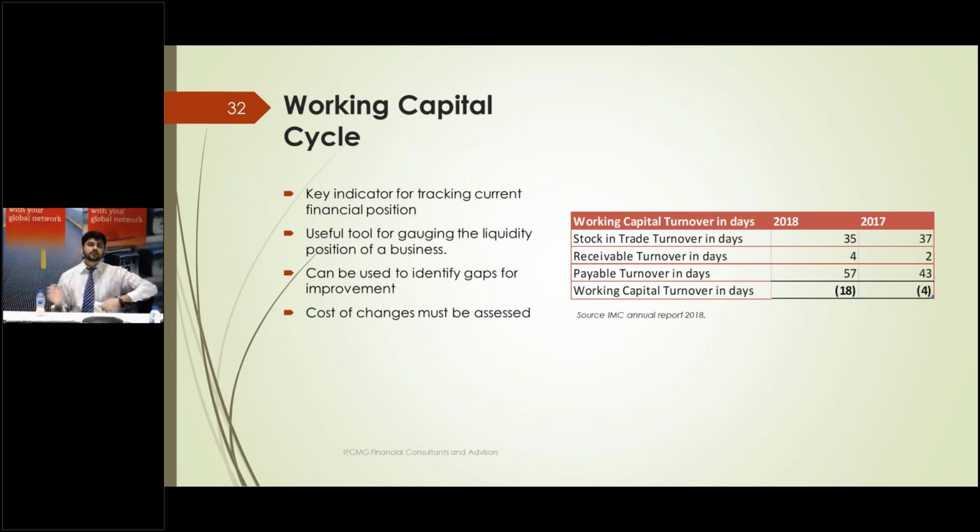The working capital turnover in days is negative, which indicates that the company has surplus payable days and its sales cycle is shorter than its purchases cycle. However, this is not an ideal position for every company because, as lenders, what lenders usually look at is also leverage.